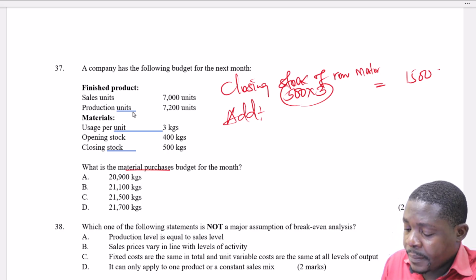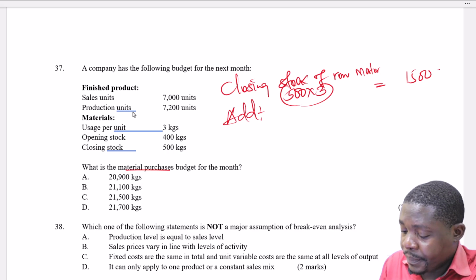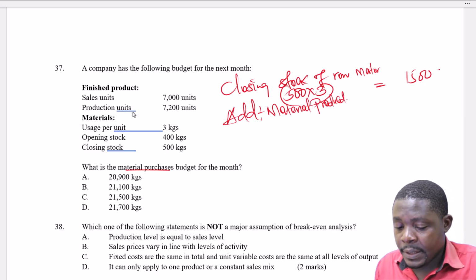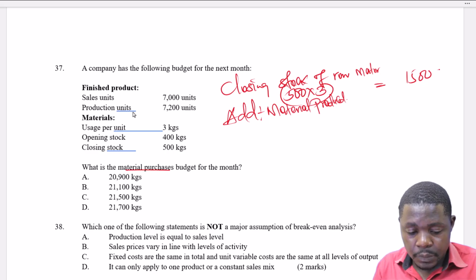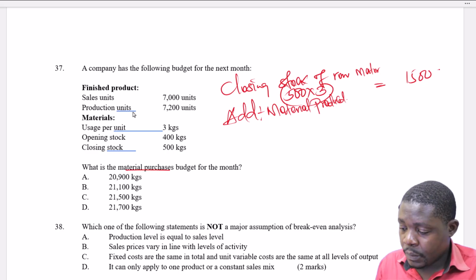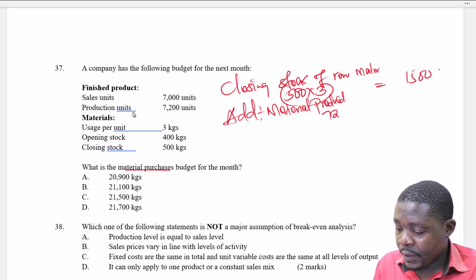Add material production, which is 7,200. We take 7,200 multiplied by 3. You're getting 21,600.